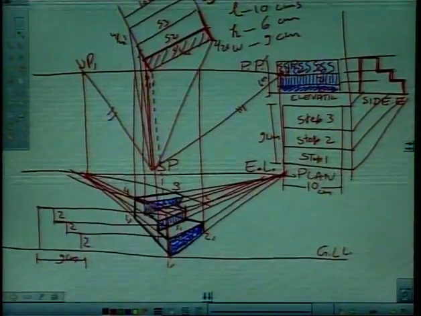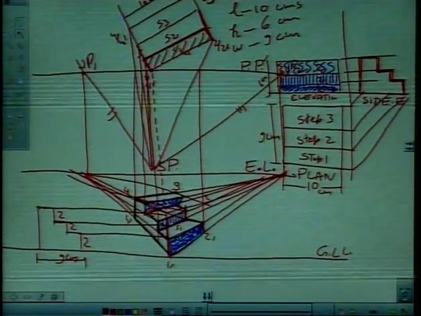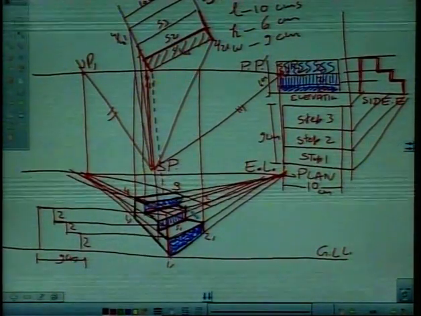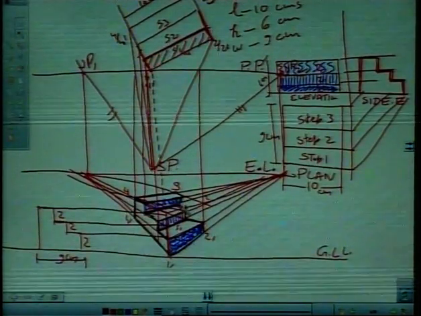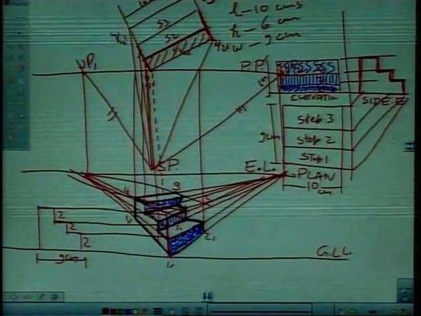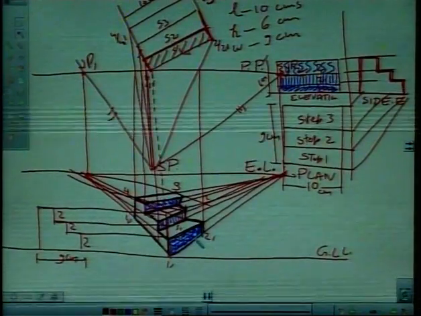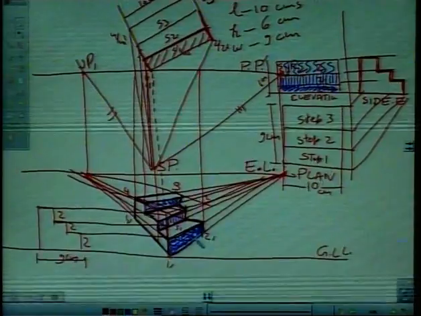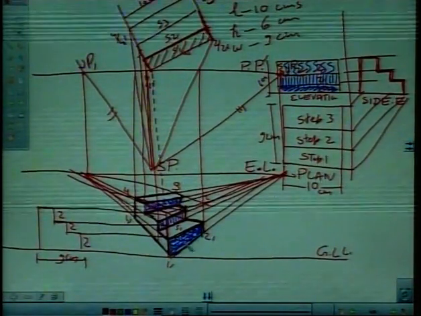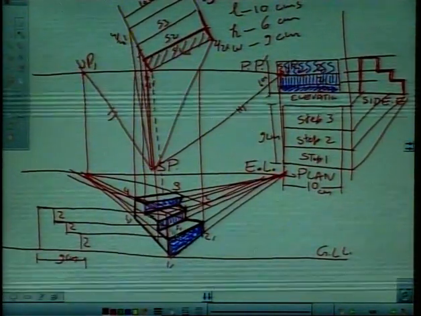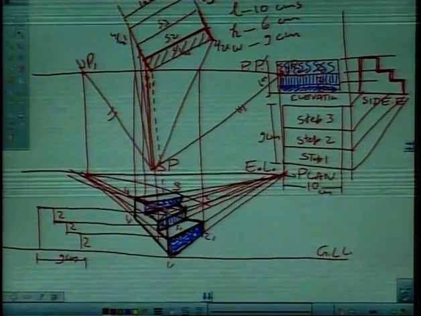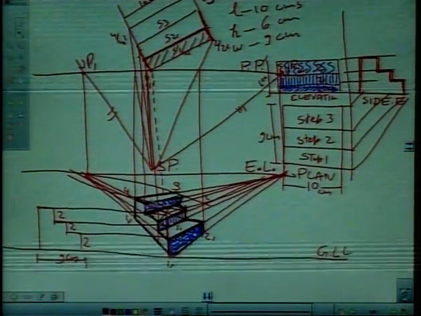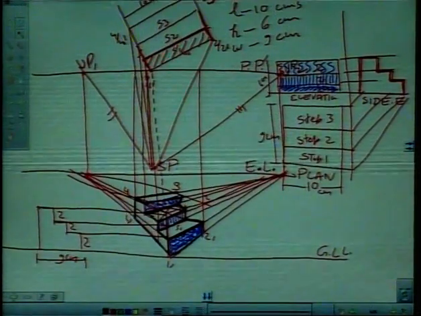Never erase your guidelines. See, in these drawings, all the parallel lines, this 1, 2, 3, 4, 5, 6, 7, all these lines are basically parallel edges of the steps.